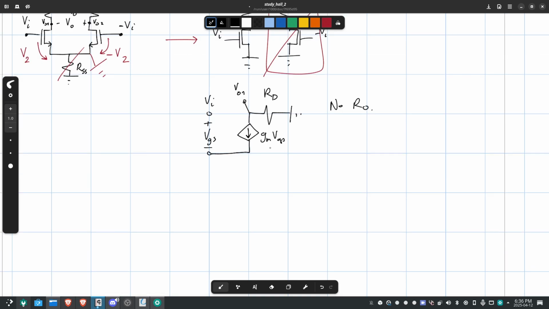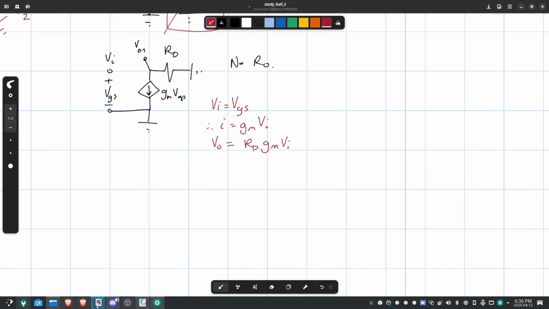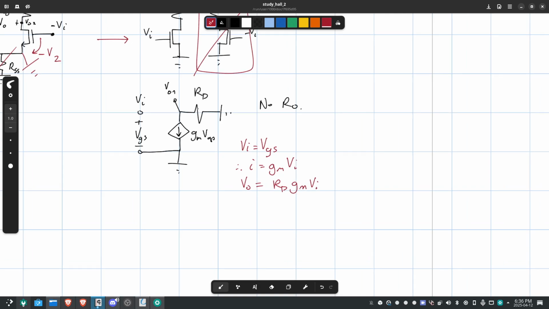Well, I'll be damned. VI is VGS because this goes directly to ground. So VI is VGS. Therefore, our current is just GM VI. And therefore, what is VO? VO is going to be RD GM VI, because that's just going to be the voltage difference from here, right?